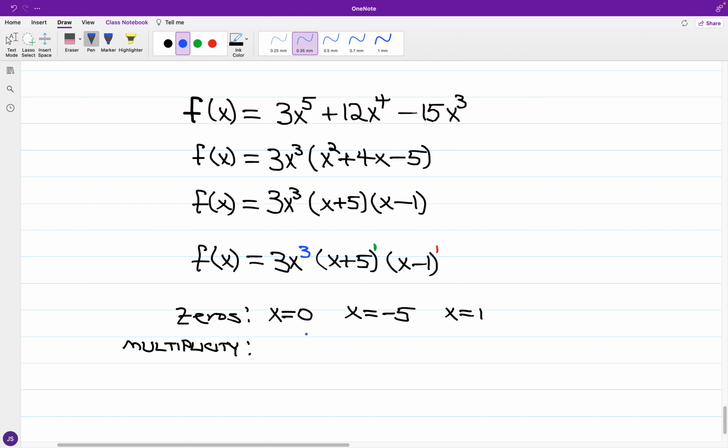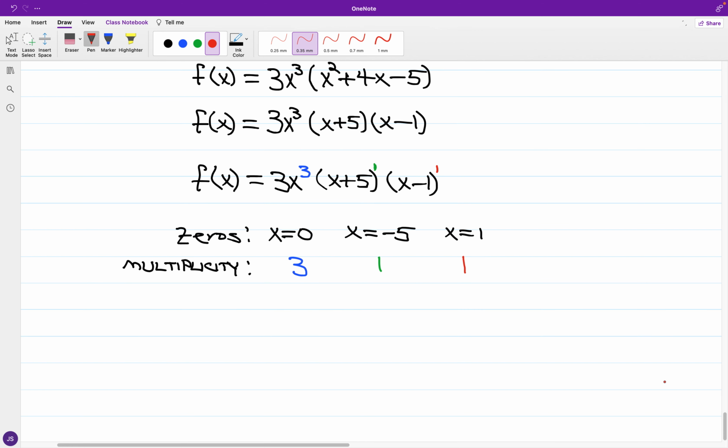And we have for the multiplicities, okay, so 0 would be a multiplicity value of 3. Negative 5 has a multiplicity of 1, and we have x equals 1, also with a multiplicity of 1. And in terms of whether the graph crosses or touches the x-axis, if you notice, all of these multiplicities are odd, so you're going to have crossing exclusively.